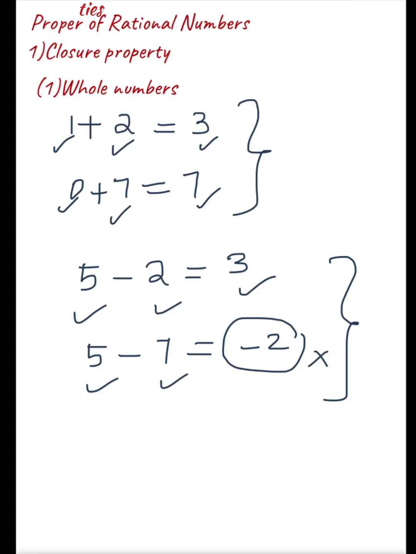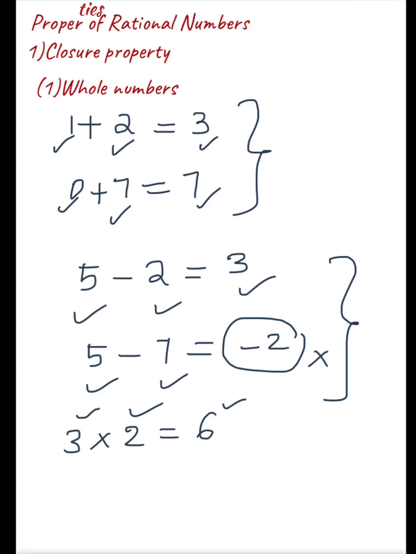Now what about multiplication? Let's see that. Suppose I am taking 3 and I am multiplying 3 with any other whole number, say 2. What is 3 into 2? You know that it's 6. So I am multiplying two whole numbers and the answer is also another whole number.